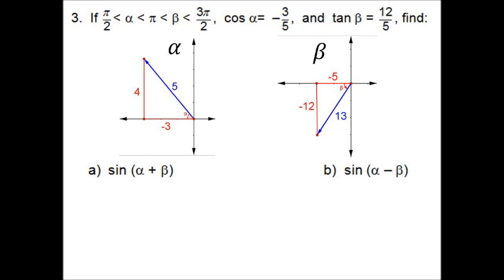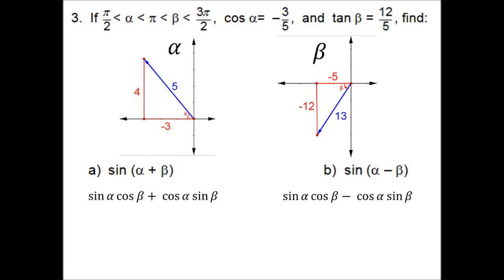So now we're going to look at the sum and difference identities for sine. If you go ahead and write out the formulas, sine alpha times cosine beta plus cosine alpha sine beta is the formula for the addition. For the subtraction, you have sine alpha cosine beta minus cosine alpha sine beta.